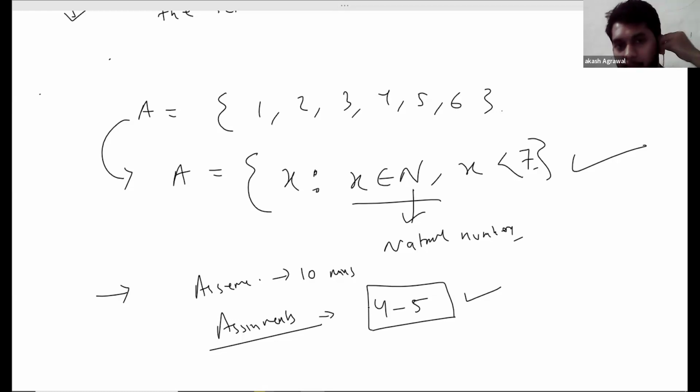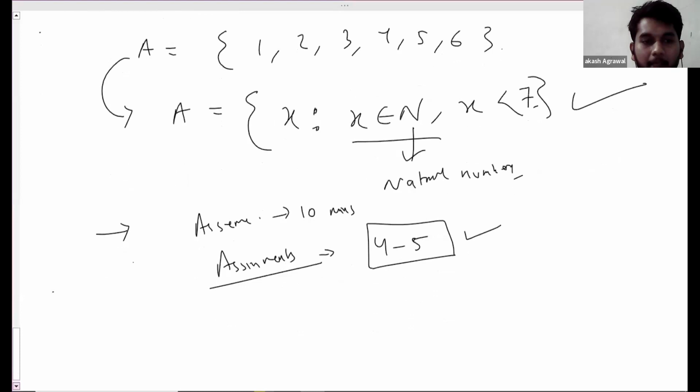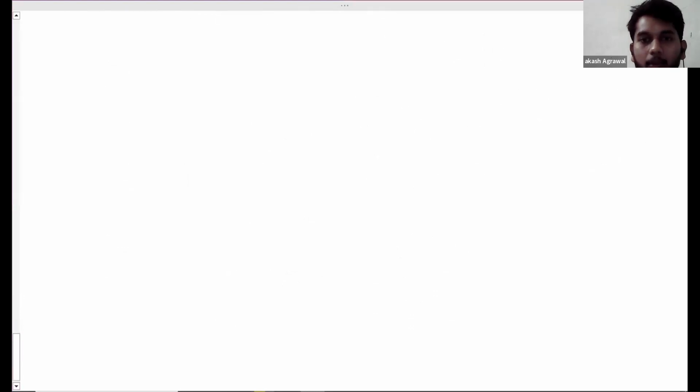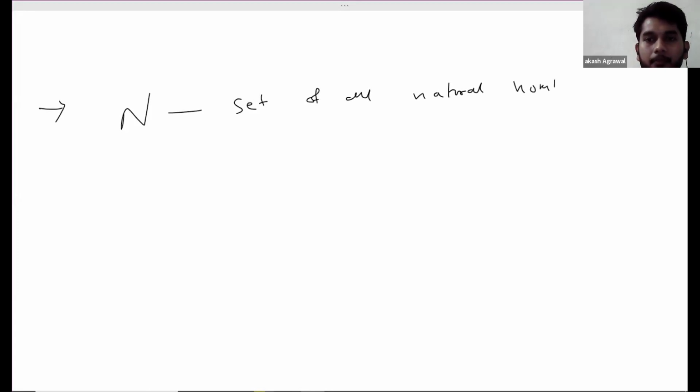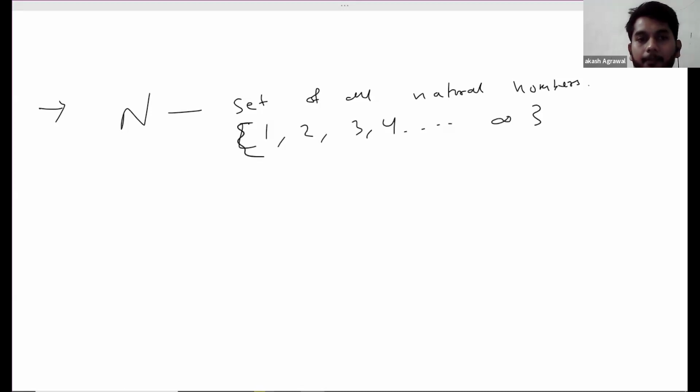So everyone is clear about the set builder method? Yes, sir. ठीक है, आपको स्क्रीन शेयर हम कुछ टाइम में कर रहे हैं, 2 मिनट्स लगेंगे। तब तक आपको कुछ और बता देता हूँ, ये लिख लो सारे। N मतलब होता है set of all natural numbers, इसका मतलब होता है 1 2 3 4 till infinity.